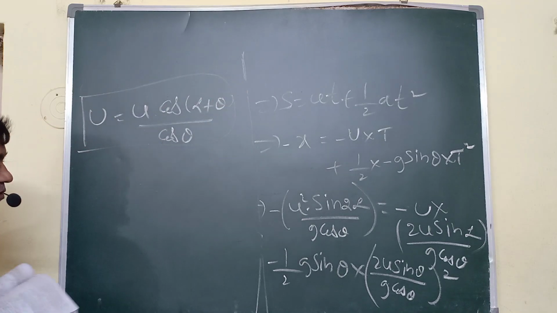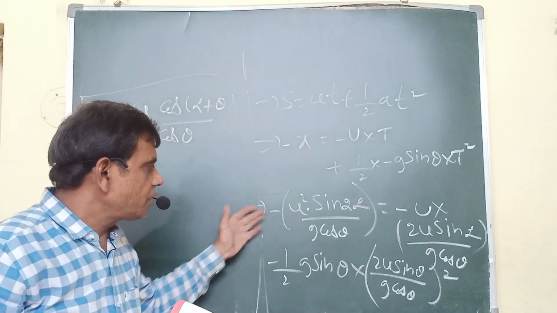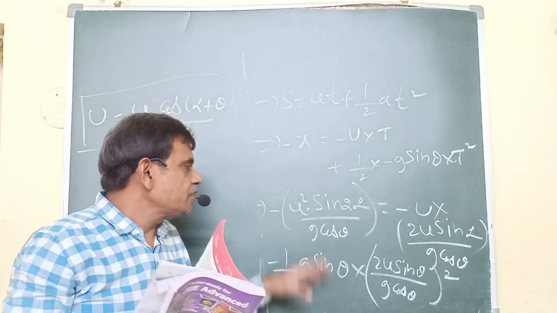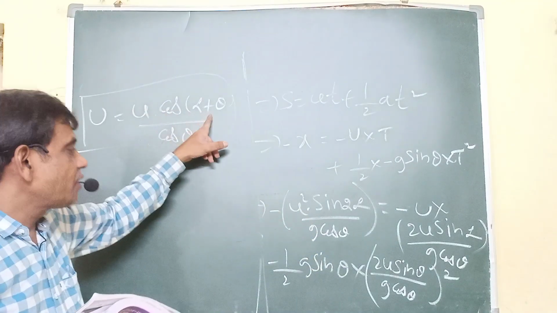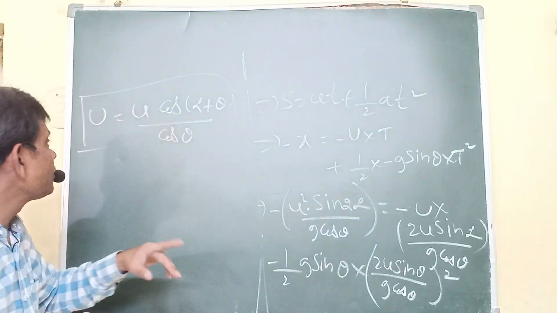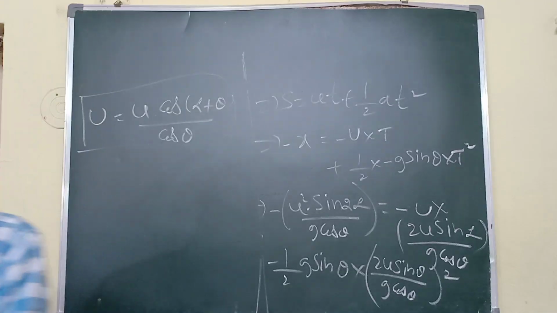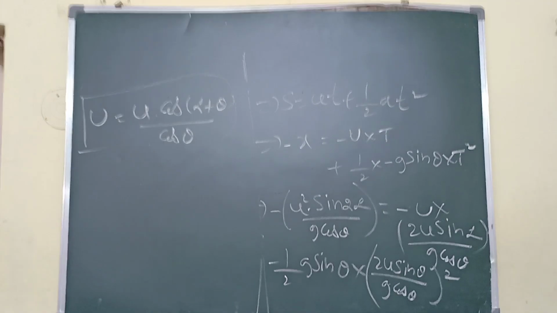What is U? The velocity of the box. So this is our question, which belongs to a sliding body on an inclined plane.